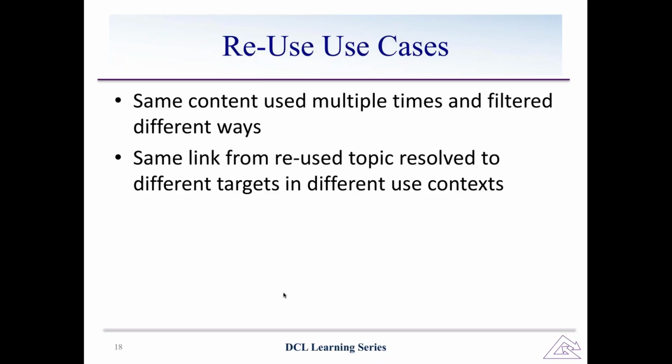So I want to have a link go to a different topic in each of the contexts that this generic topic is used in. It's a pretty typical example. I need to have cross-deliverable links, so I need to be able to say, from this topic in publication A, I want to link to another topic in publication B.